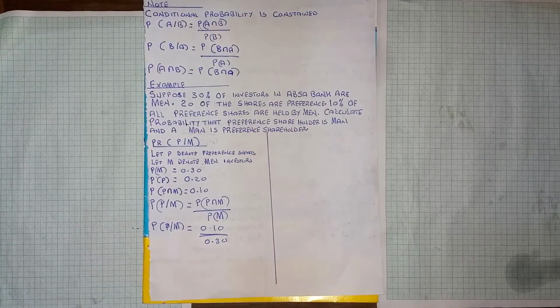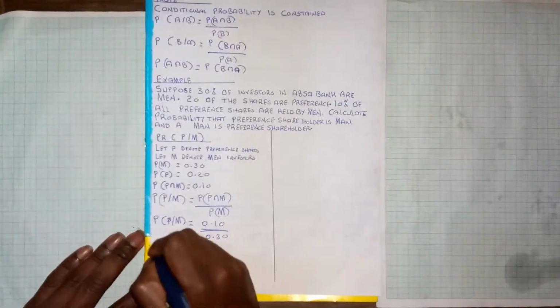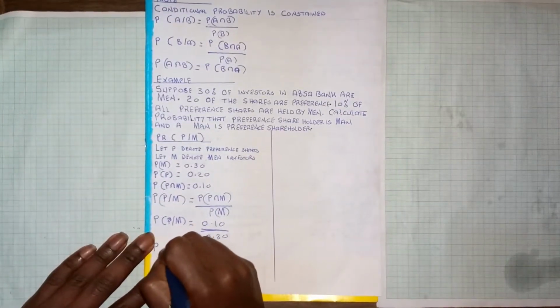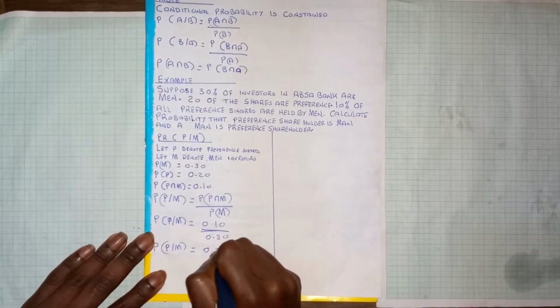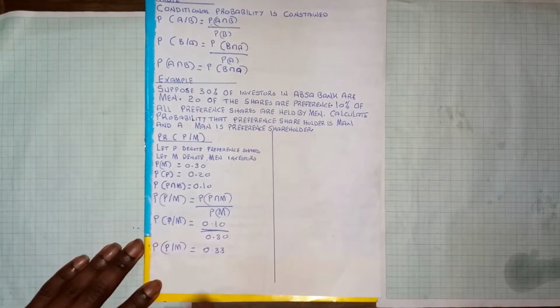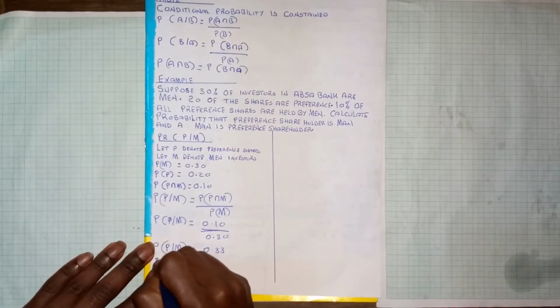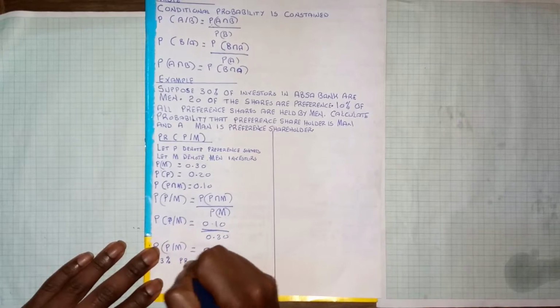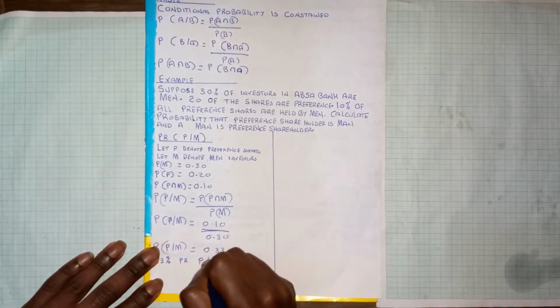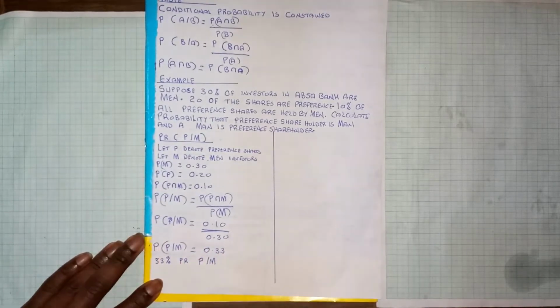So 0.10 divided by 0.30 gives the probability that a preference shareholder is a man, which is equal to 0.33. So we have a 33% probability that a preference shareholder is a man.